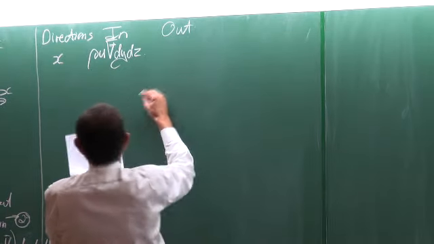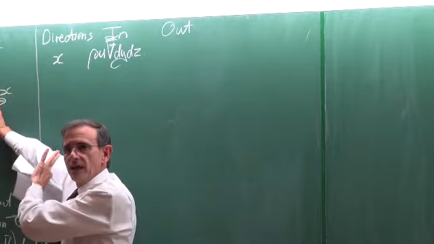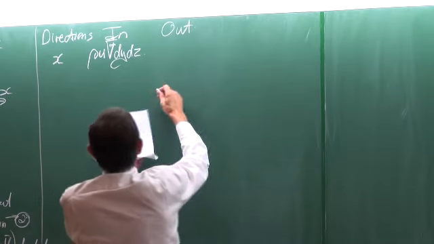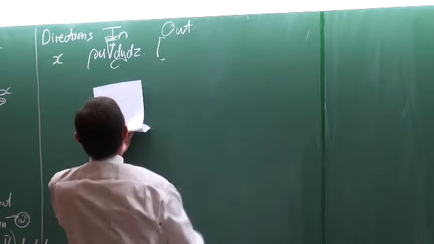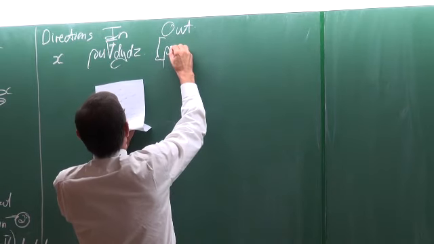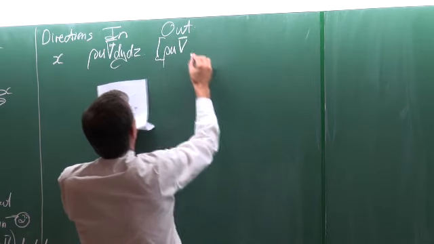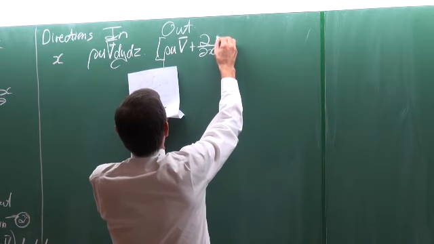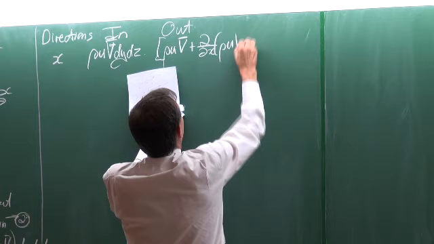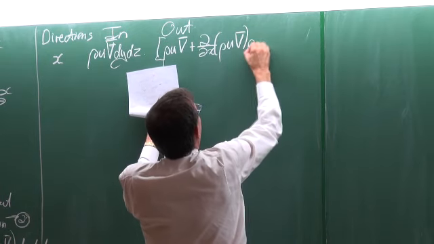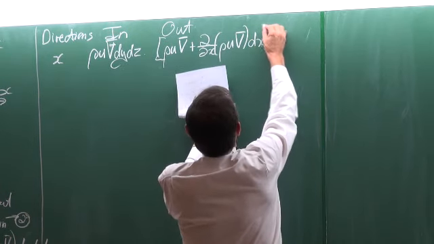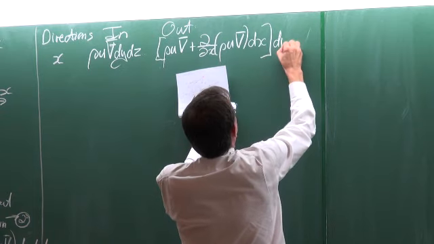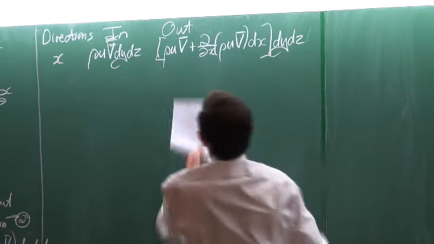We do exactly the same, and we make it a little bit neater, and the result would be just like yesterday, rho u multiplied by the velocity vector plus partial d/dx of rho u V multiplied by dx and then dy dz.